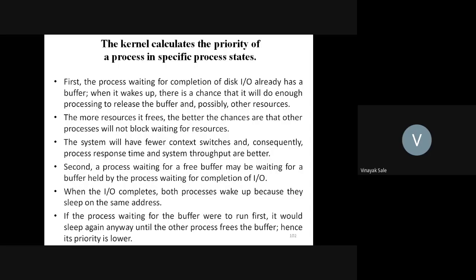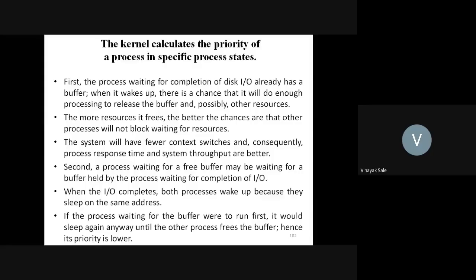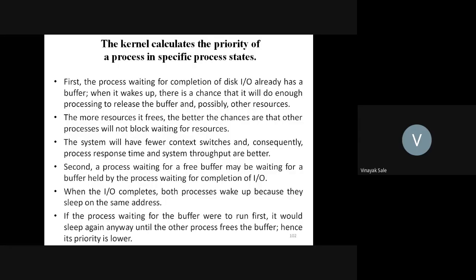When the IO completes, both processes wake up because they sleep on the same address. If the process waiting for a buffer were to run first, it would sleep again anyway until the other process frees the buffer. Hence, its priority is lower.